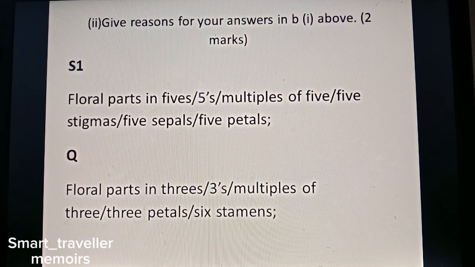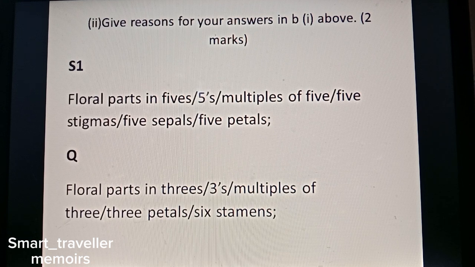Give reasons for your answer in B1 above. And the reason for S1, why it is dicotyledonei, is that the floral parts are in 5s. Or the floral parts are in the numeral 5s. You can use the word or the numeral. Or the floral parts are in multiples of 5. Or you can say it has 5 stigmas. Or it has 5 sepals.